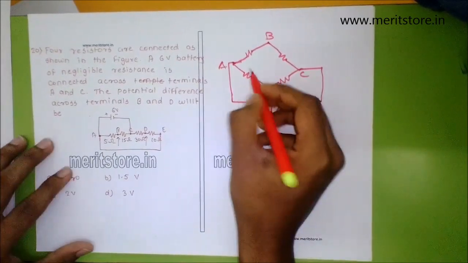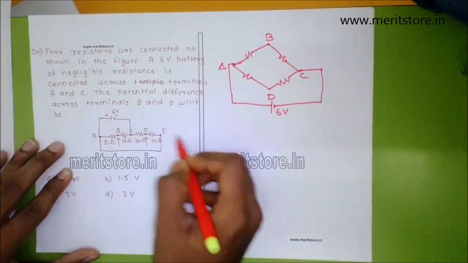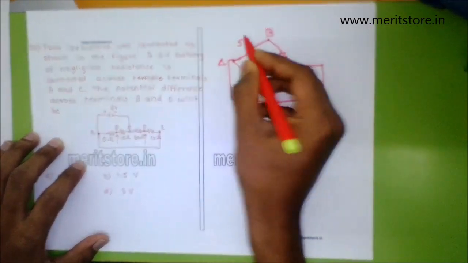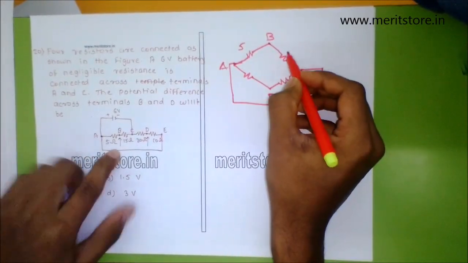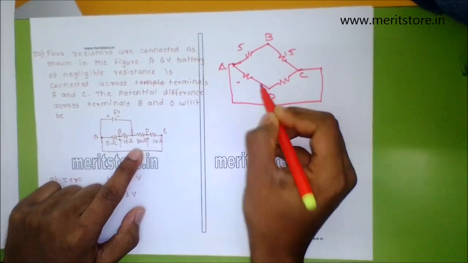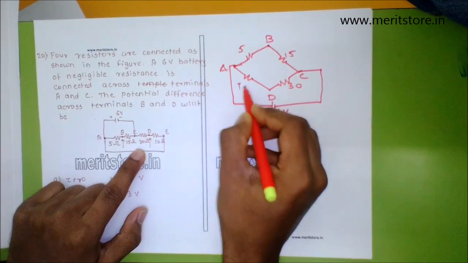So if you notice, the circuit has been simplified into a Wheatstone's bridge of 5 ohms, 15 ohms, 30 ohms and 10 ohms.